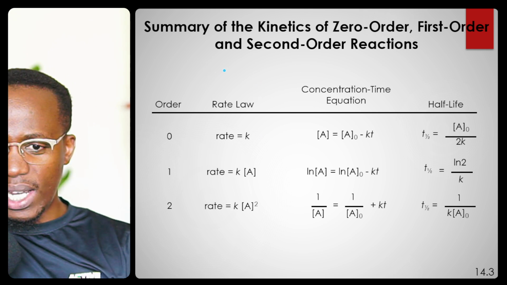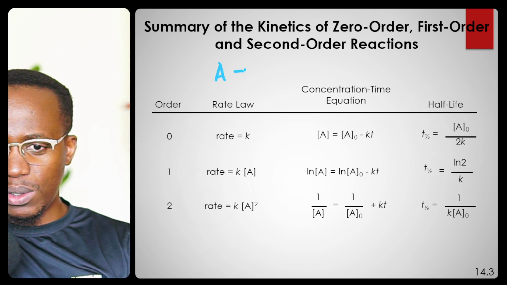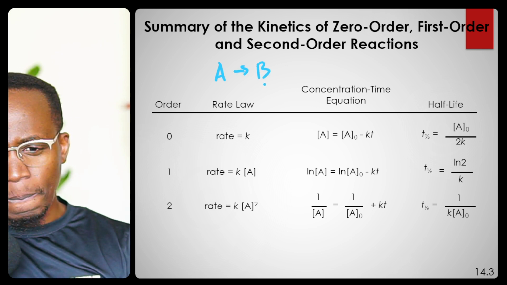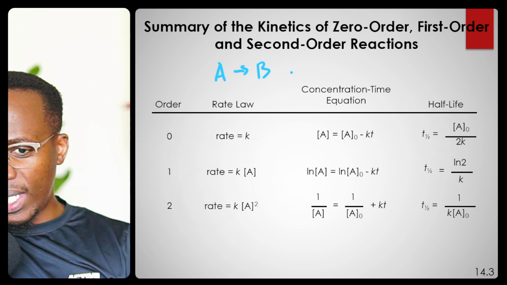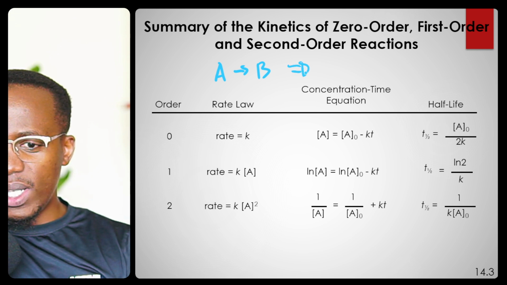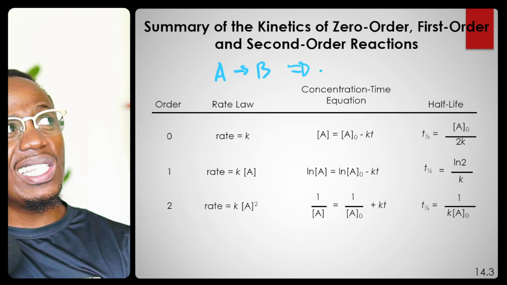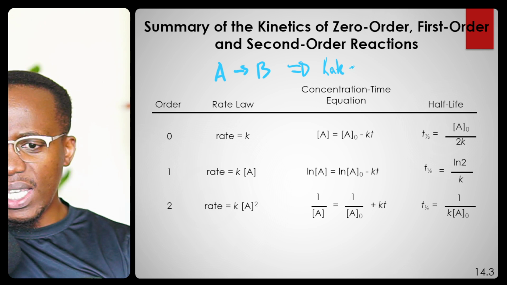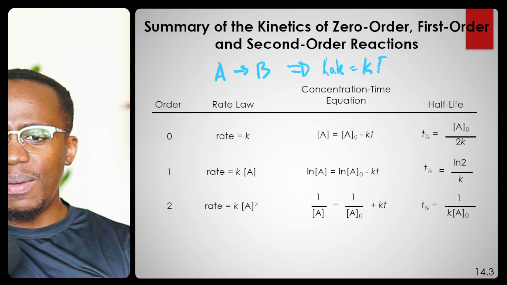So we're looking at a typical reaction, A goes to B, right? Remember, what's the rate law for that reaction? If you remember, the rate law says rate is equal to k times the concentration of A to what?